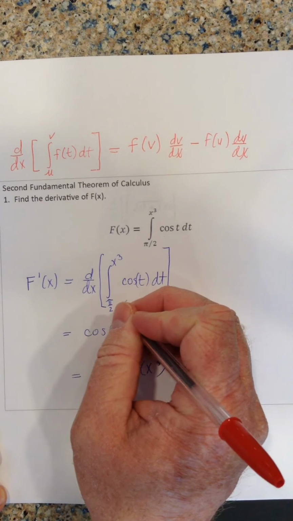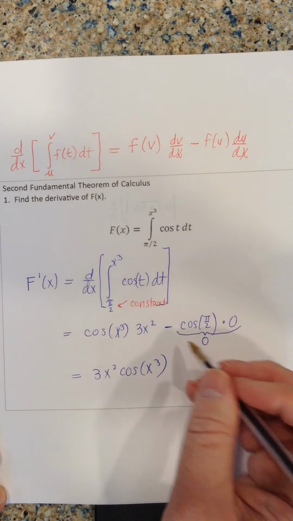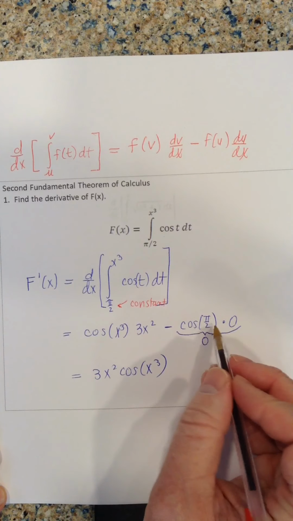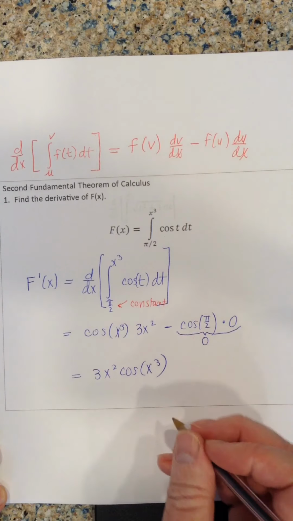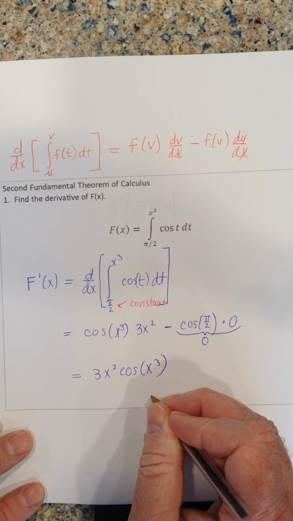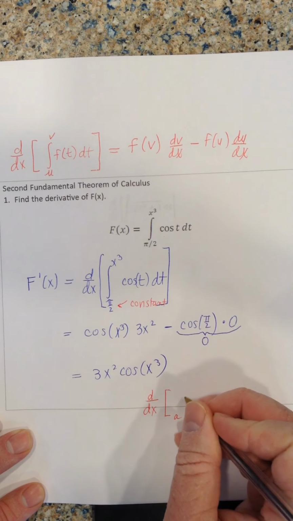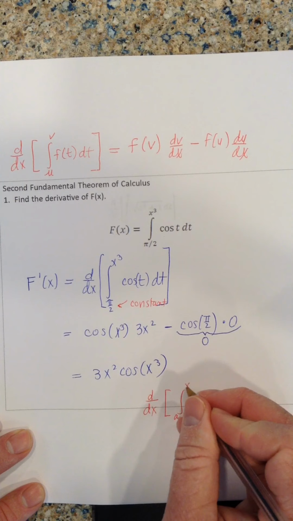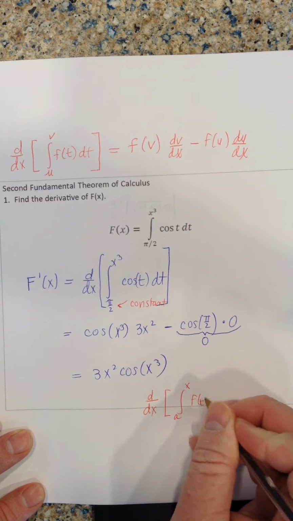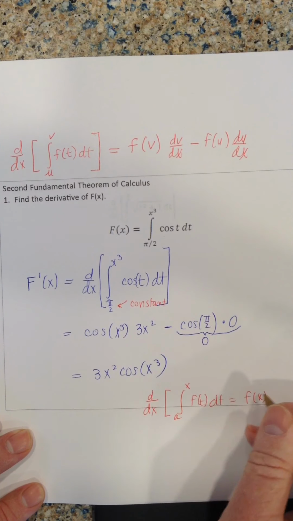As long as this is a constant, you're always going to get 0 for the second term, which is why a lot of textbooks will write this theorem like this: a being a constant, the derivative of the integral from a to x of f of t dt is equal to f of x.